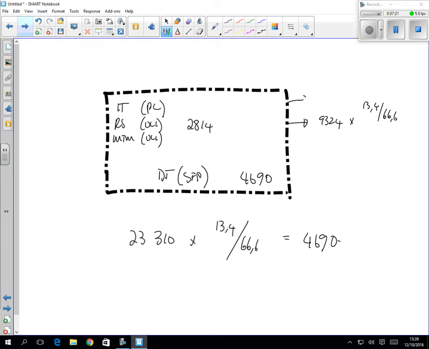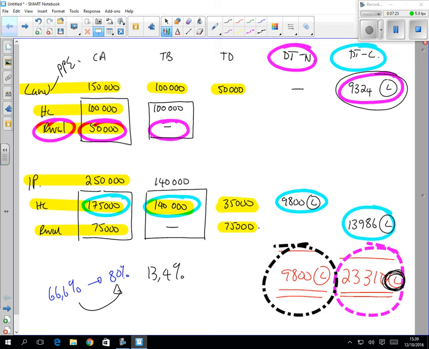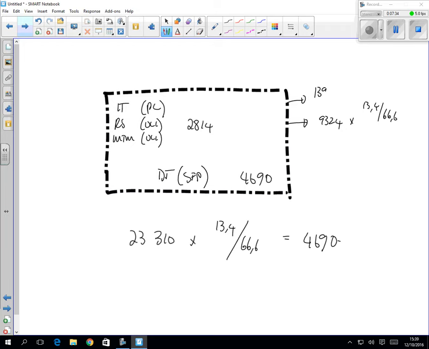And then you will appreciate that the remeasurement of investment property would have been presented in profit or loss. So 13,986, I beg your pardon.